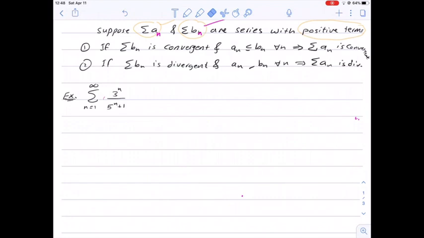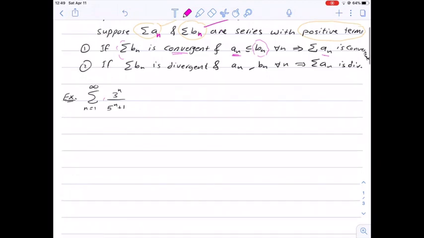Okay, let's erase this part and apply this here. So for part 1, we know that the larger series that we already found is convergent. That means the smaller one that we want to test is convergent. If the series that we found is smaller than the series that we want to test, and that series is divergent, then our series will be divergent.